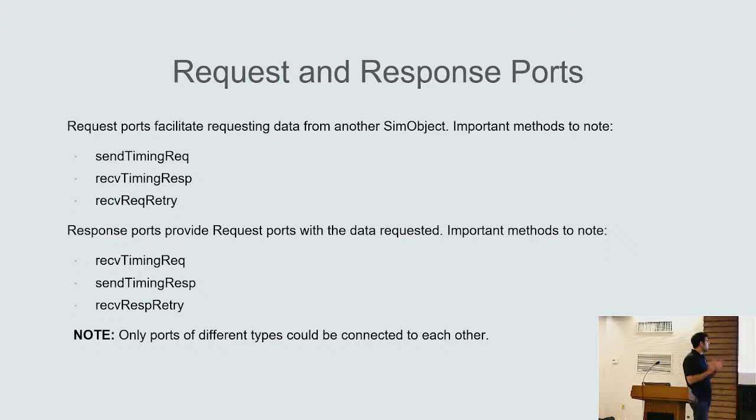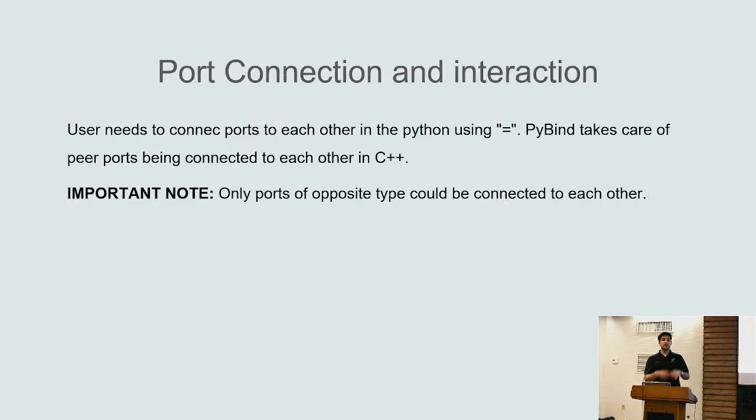One thing that I want you guys to pay very careful attention to is that in gem5 you can only connect ports of different type to each other. So you can never connect a request port to another request port. It should always be a request port connected to a response port. So how does that connection happen? Again, there are a lot of parallels between Python and C++ in gem5.